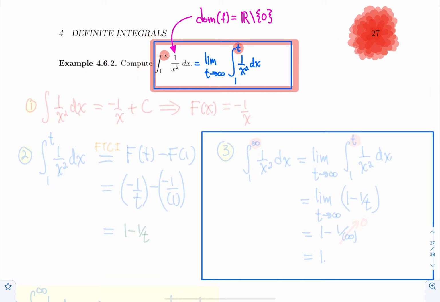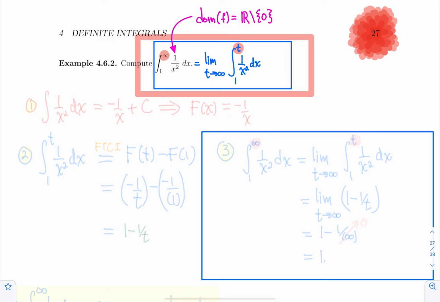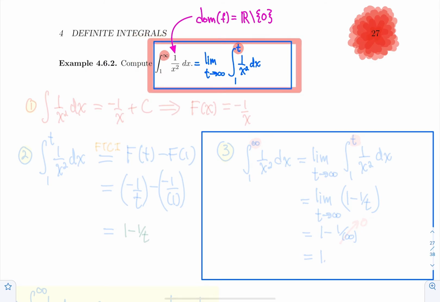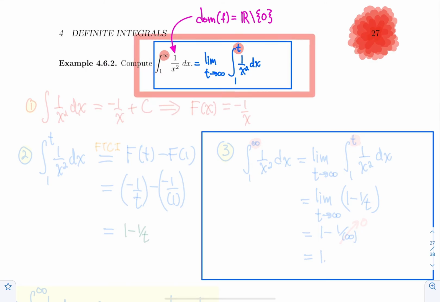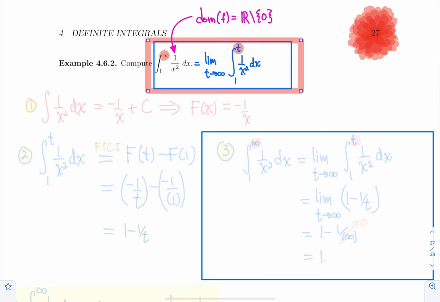Once you have this definition well written down, in this case, replacing the infinite bound by t and pushing t to infinity, you see that an improper integral is always a combination of a definite integral and a limit computation. Then the rest is really just summoning tools that we're already familiar with, which is definite integration and limit computation.